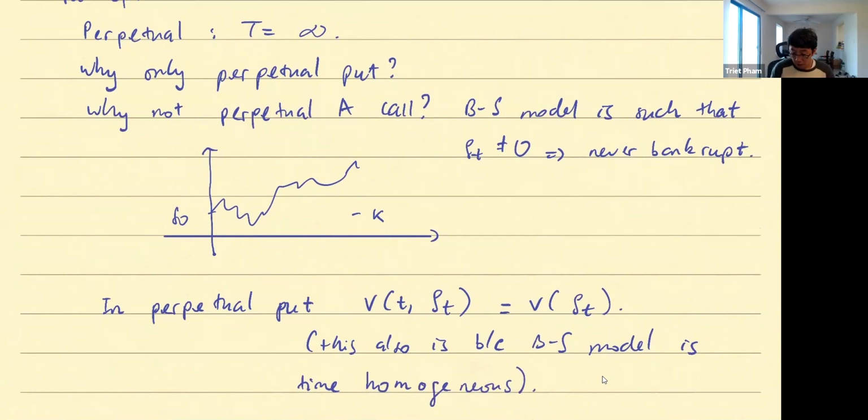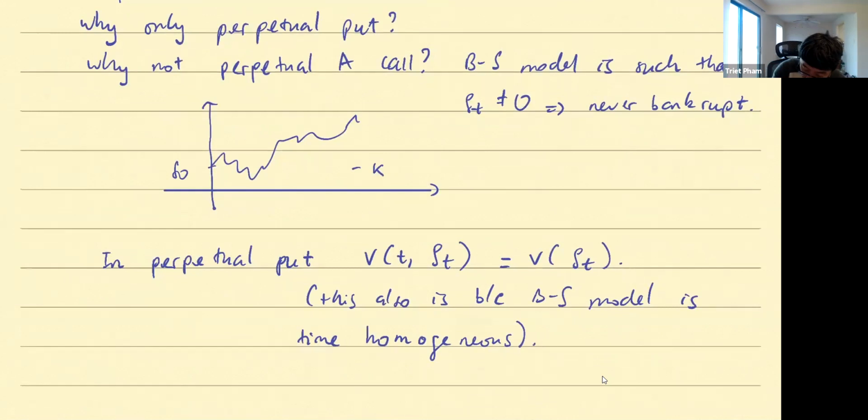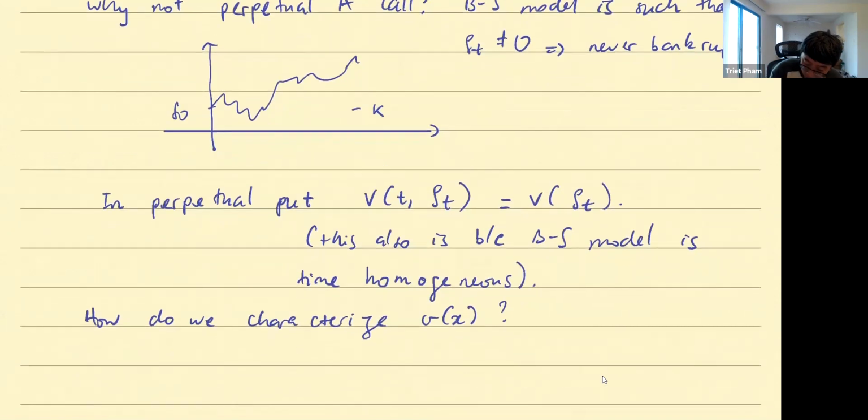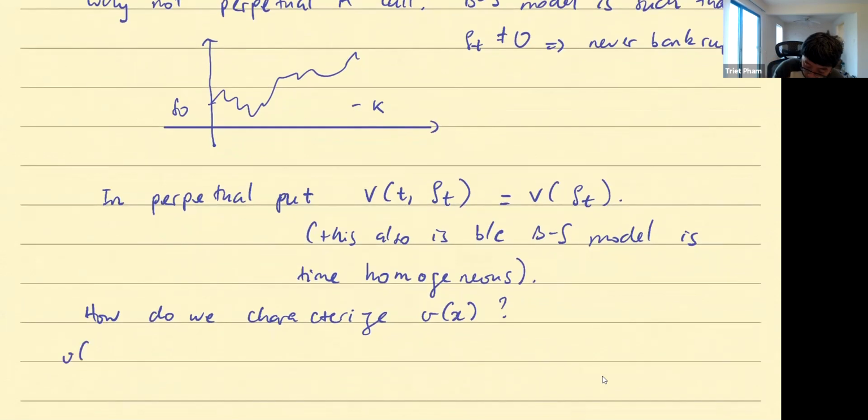All right, so the question is, how do we characterize V of X? I'll say this: we characterize it in 3 ways. V of X satisfies the following.